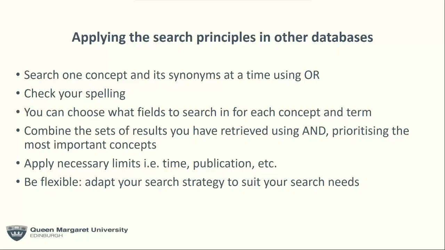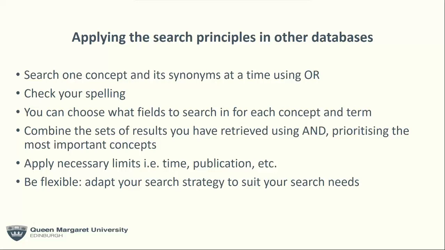Here are a few things to bear in mind when doing your literature search. Always try to search each concept and its synonyms separately where possible, using the Boolean operators and all the necessary search techniques you've learned. Always check your spelling. One misspelled word makes a difference between getting results and getting nothing.